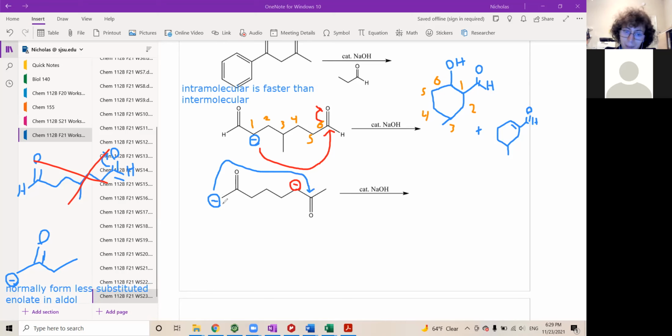Let's number the atoms from the nucleophile to the electrophile and see what kind of product we'd end up with. You might see it already. It leads to a 7-membered ring because it's 1 to 7. So just have that in mind. That was 7 with blue. I'll write that down.